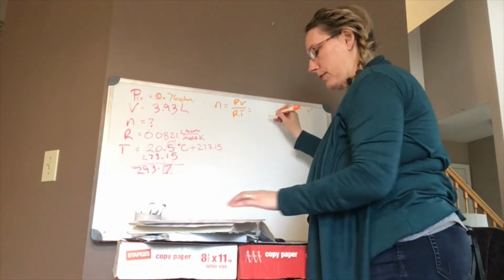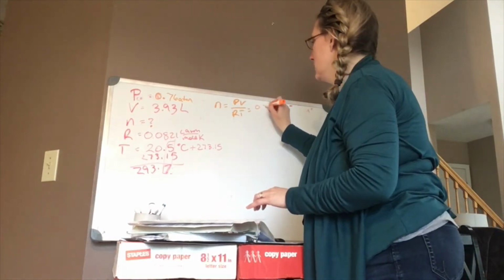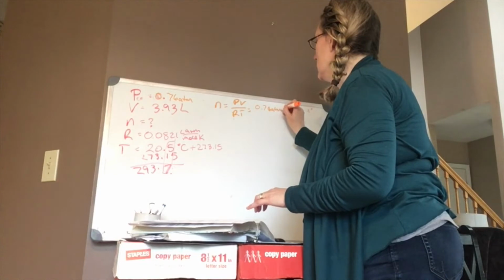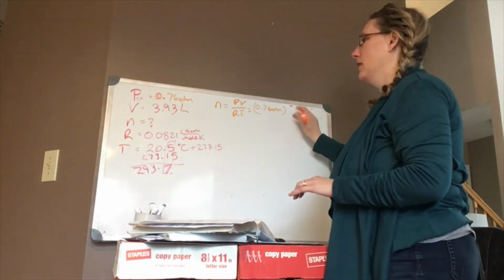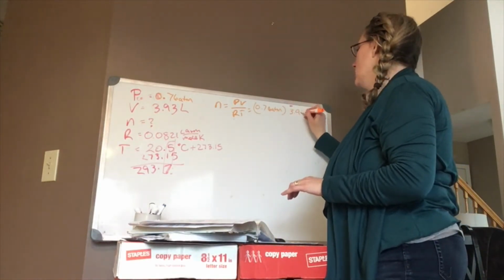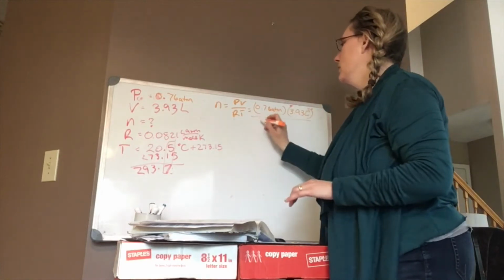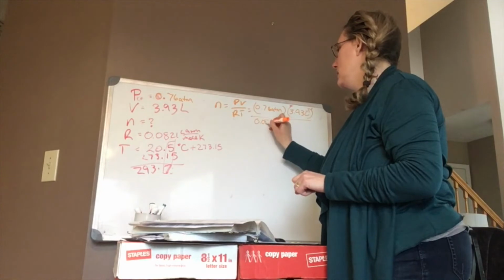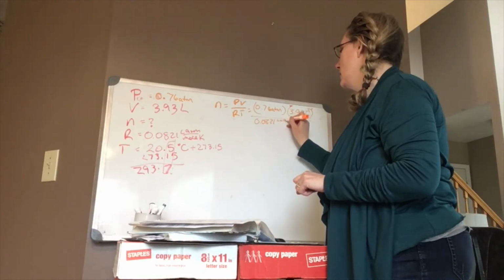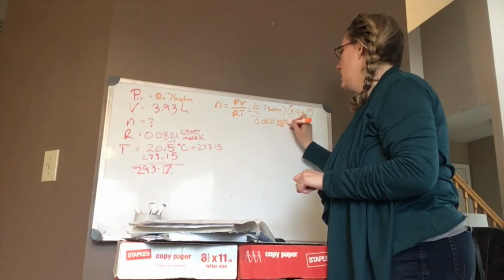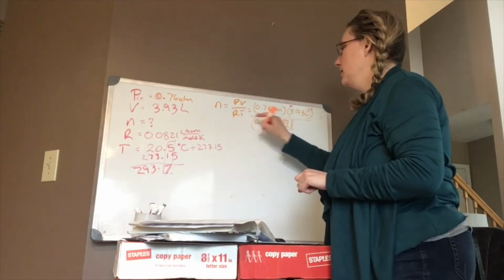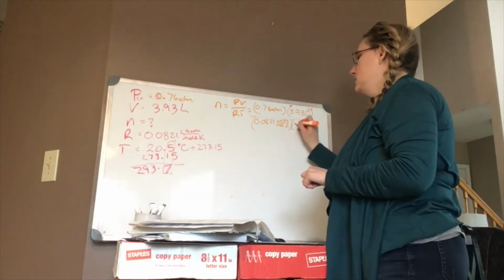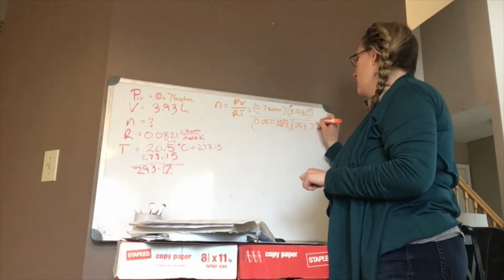Our pressure is 0.76 atmospheres, times my volume, 3.93 liters, over the R, which I've memorized, 0.0821 liter atmosphere per mole Kelvin, times my temperature, which I calculated to be 293.7.